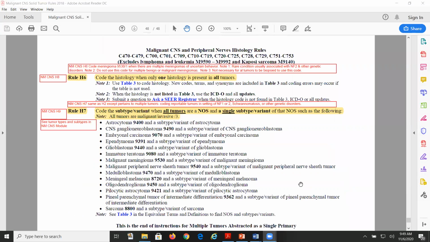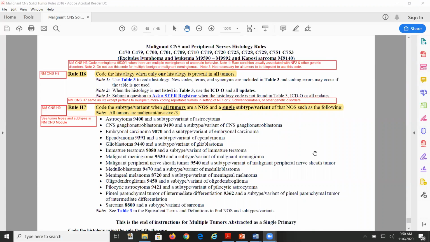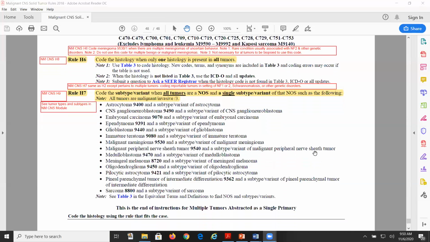H6, code the histology when one histology is present in all tumors. H7, code the subtype variant when all tumors are an NOS and a single subtype variant of that NOS. So here are several examples again for you to review on your own.